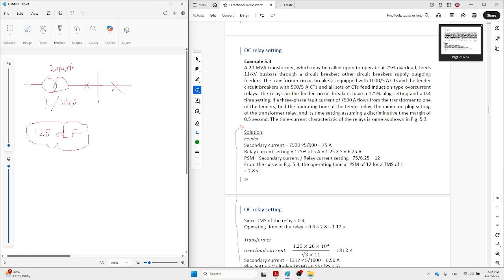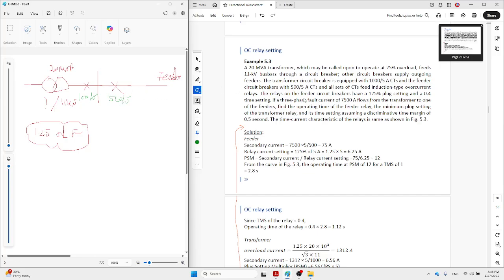Okay, correct. The CT given here is called feeder. Here is for the circuit breaker of the transformer. So let's see. It mentioned that the transformer circuit breaker is equipped with the CT 1000 to 5, and the other one, the feeder one, is 500 to 5.